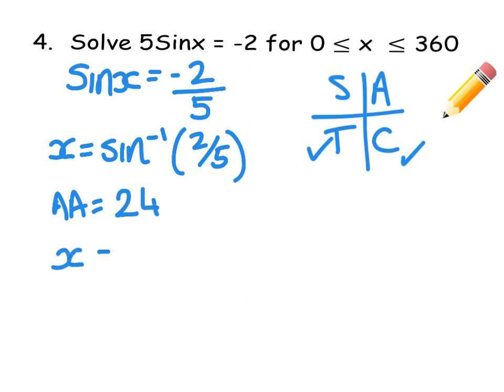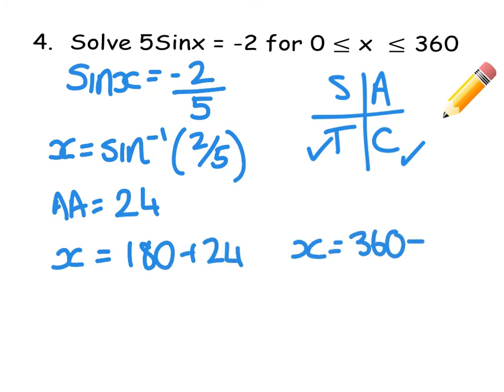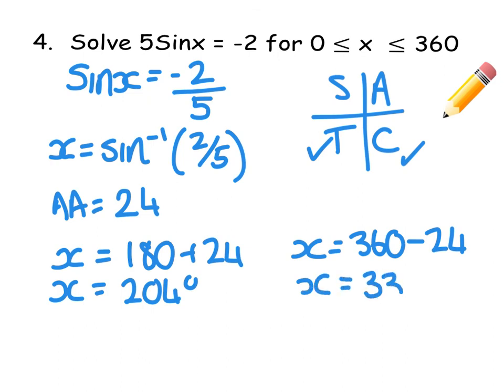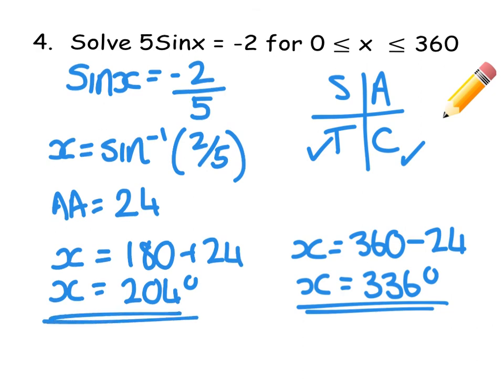So x equals, the tan box we've ticked is 180 add 24. And the cos box is 360 take away 24. So that gives you 204 degrees and 336 degrees. Remember, underline the final two answers so I know what you're communicating as the end result.